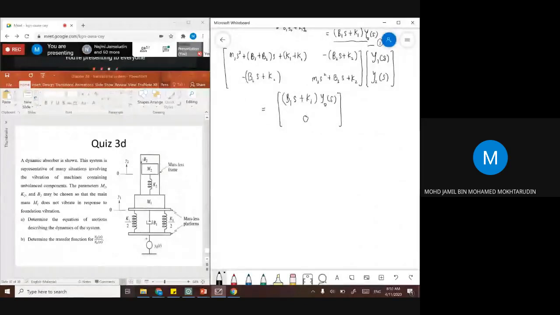And question B asks you to determine the transfer function y2 over y0. So basically you are required to find y2.